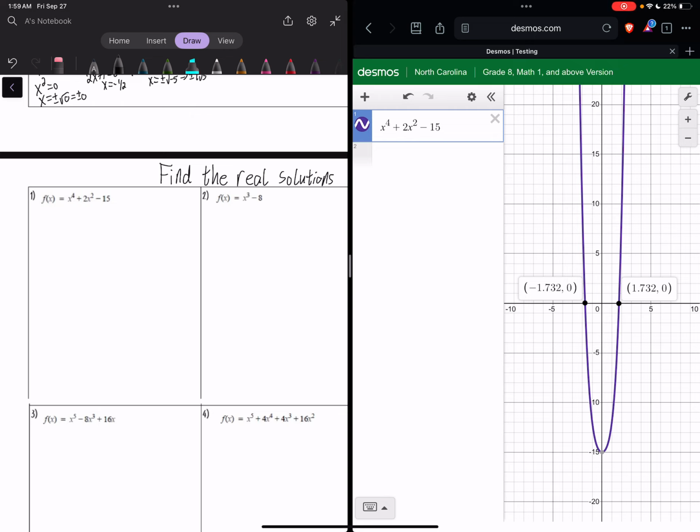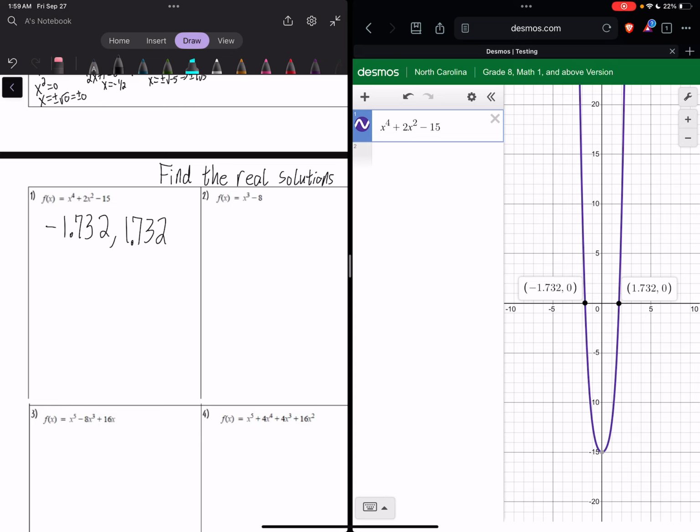So, for number 1, I'm going to have negative 1.732 and positive 1.732. There are my real solutions.